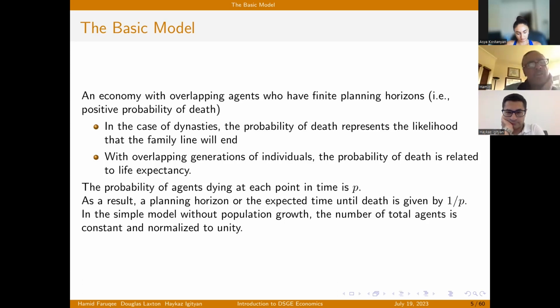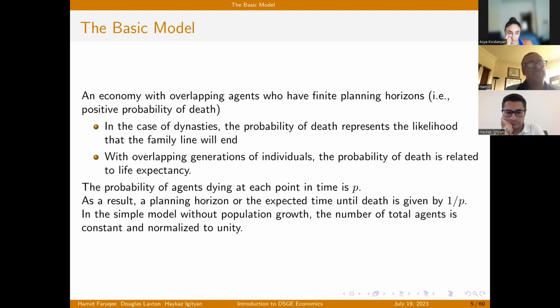Then 1 over 0.02 is 50 years, the planning horizon for an individual. With a probability of death like 0.01 or 0.001, you're thinking about a planning horizon of 100 years or even 1,000 years, for a dynasty, for example.